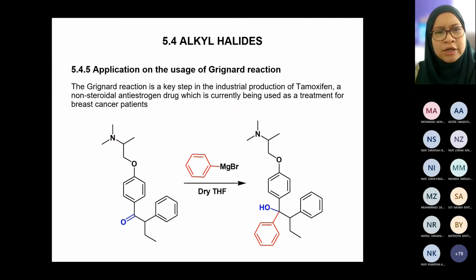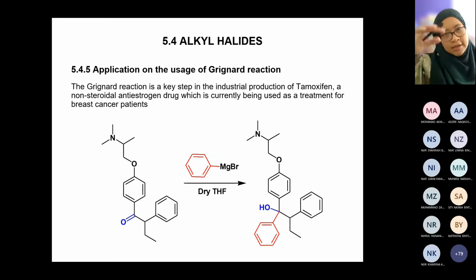Oh, application on the usage of Grignard reagent. The Grignard reagent is a key step in the industrial production of tamoxifen. Okay, a non-steroidal anti-estrogen drug, which is currently being used as treatment for breast cancer patients. Okay, all right.